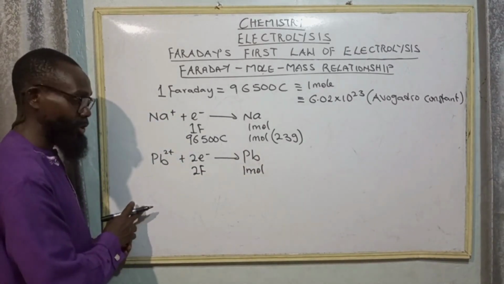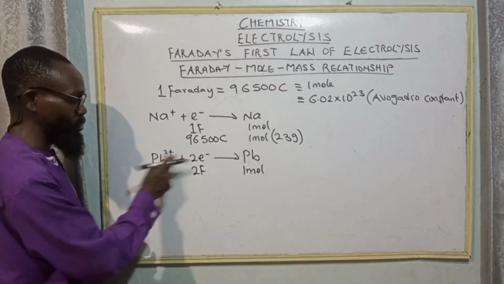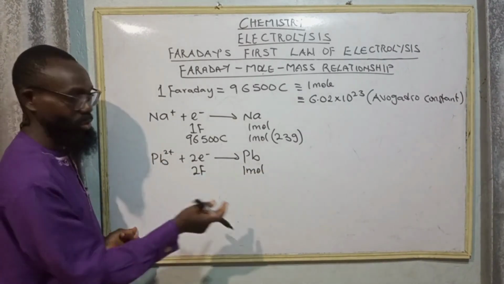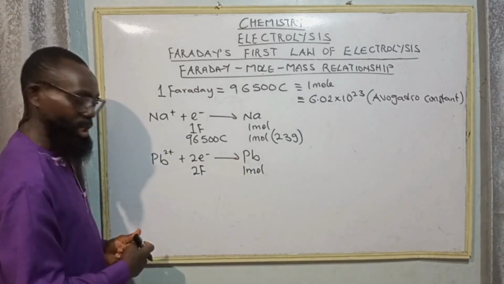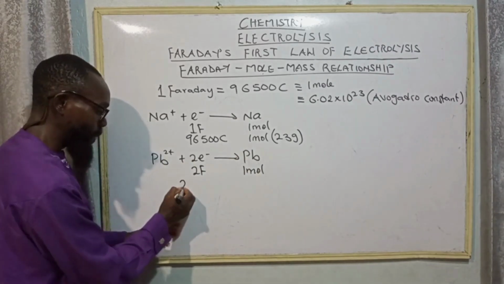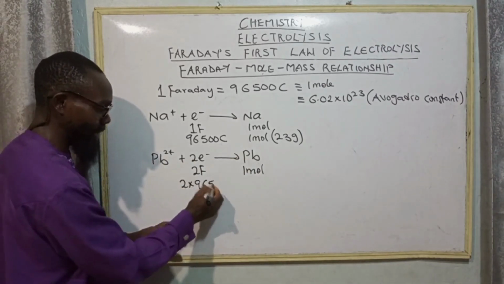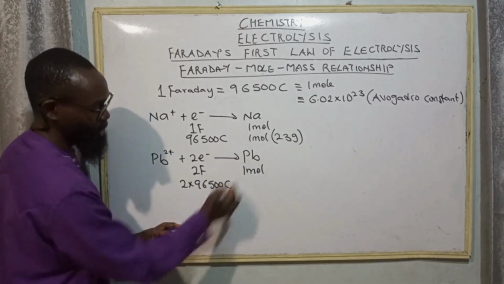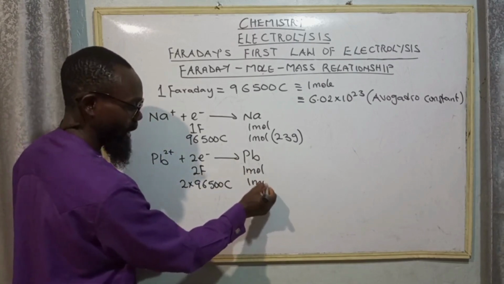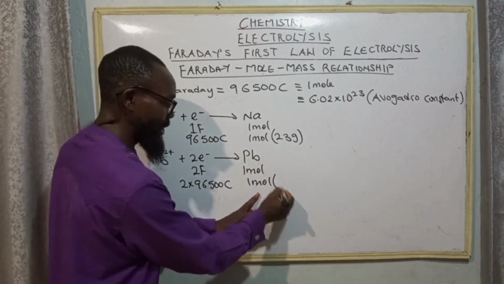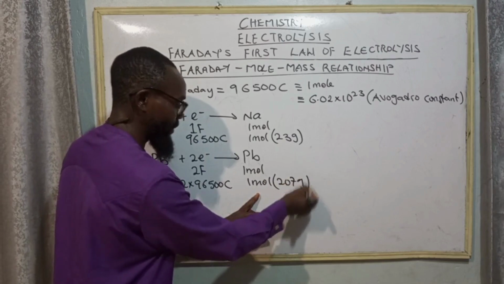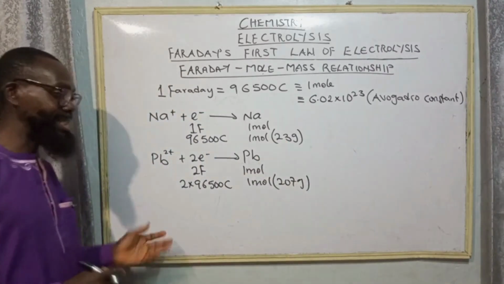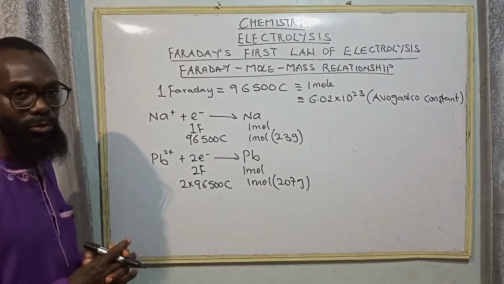It's balanced like this. Plus 2 minus 2 gives us 0, and the oxidation number of lead here is 0. But this one is 2 multiplied by 96500 coulomb, which is going to be equal to 1 mole. And this 1 mole of lead is 207 grams. So that is the mass to mole relationship we are talking about.